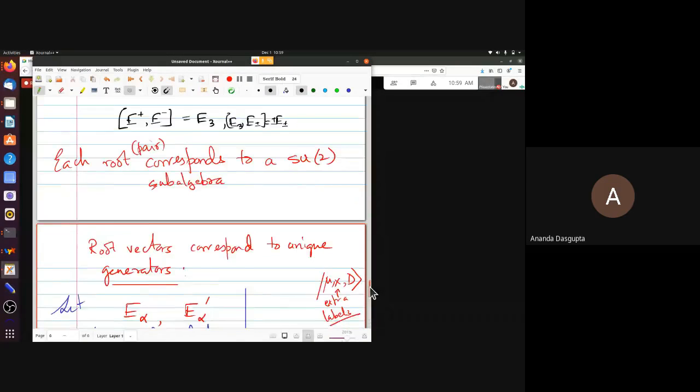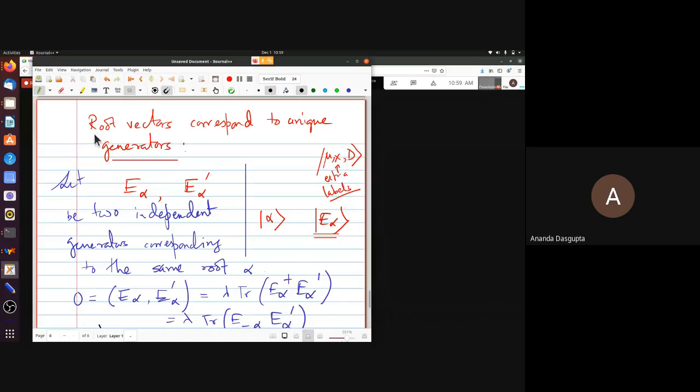We are trying to say that corresponding to a given root, for a particular root vector, there is a unique generator. That is, we started by assuming the prime, that's why the prime is not on the alpha. These are not two different alphas. Same alpha, two different generators. We are going to prove that that's not possible. Okay?